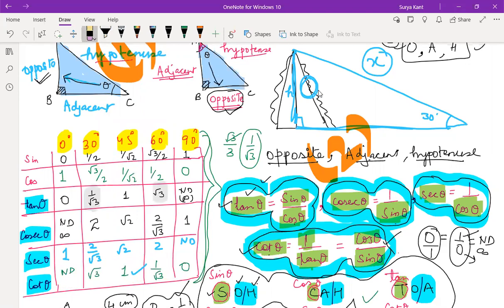For cot, here it is root 3 and here 1 by root 3. In between is 1, and the 0 side is not defined. See how tan and cot are the easiest part of the whole table.